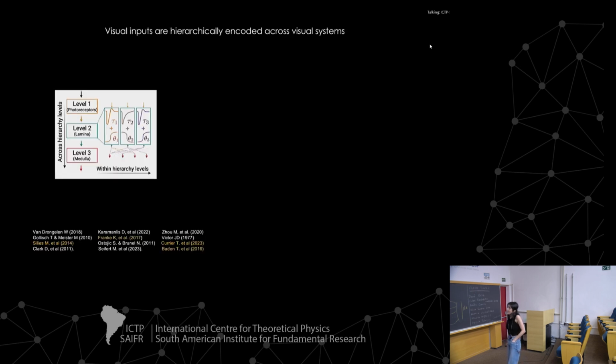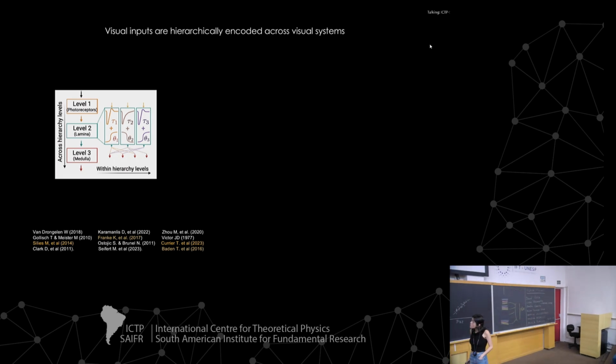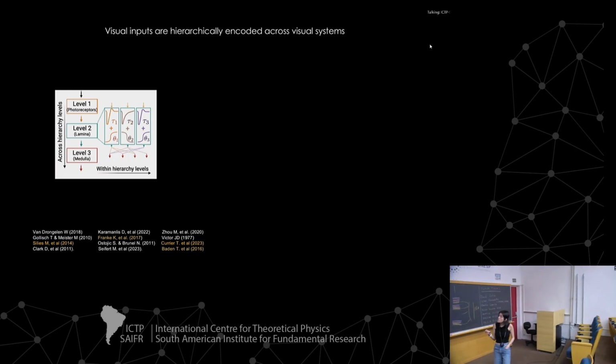So then I want to tell you about some more recent work we are doing. I told you about this sketch of the retina, and that neurons encode information in this hierarchical way. You have photoreceptors. Then if you are in the mammal retina, you have the bipolar cells.